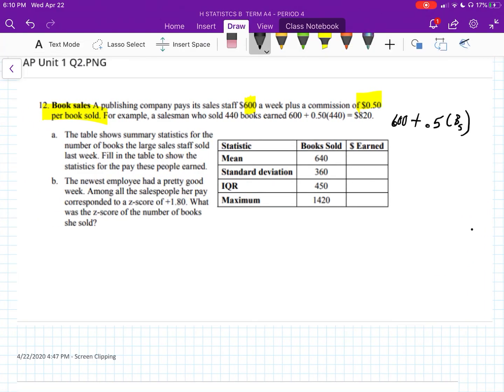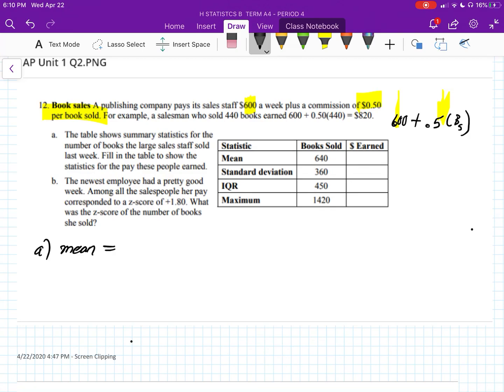As we know, the mean, if I add a value like 600 to everybody's score, and then I also multiply it, that's going to affect the mean. So the mean is going to be affected by both multiplication, which is this part here, and by a constant, right? So if we were looking at the mean, so let's do letter A, mean.